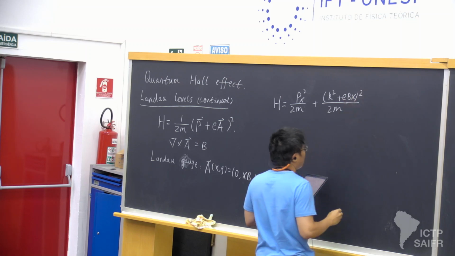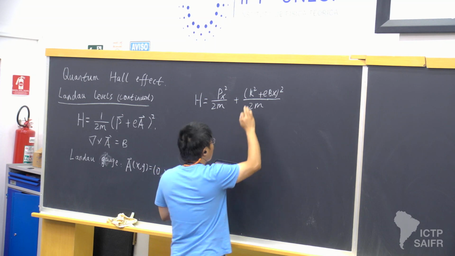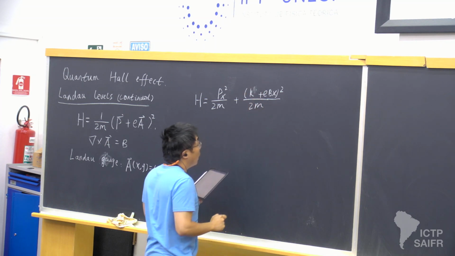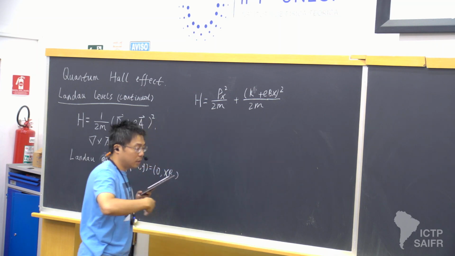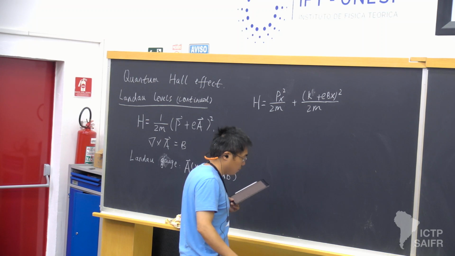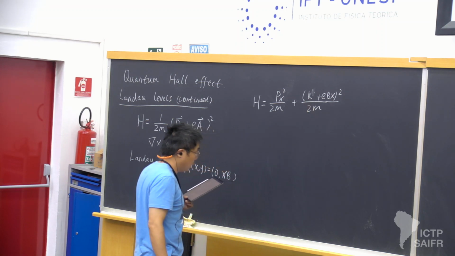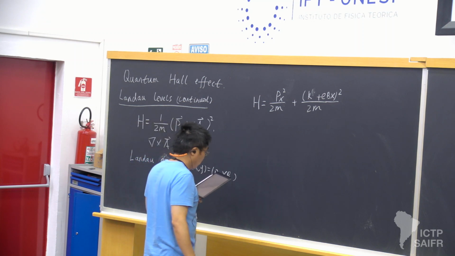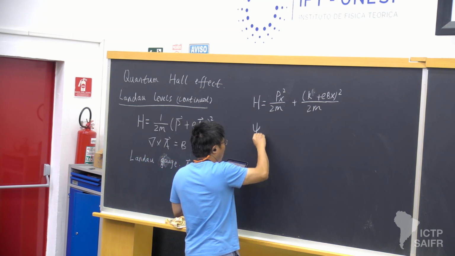So that's the harmonic oscillator, and sorry, it should be k, not k squared. That's the harmonic oscillator with the coordinate shifted, and the shift depends on the momentum.